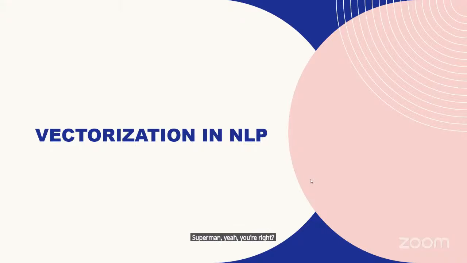So, understanding the text in a number format. The machine finds it easy to understand when the text is being converted into a number. Okay, can anybody give an example of how it can be converted into a number?